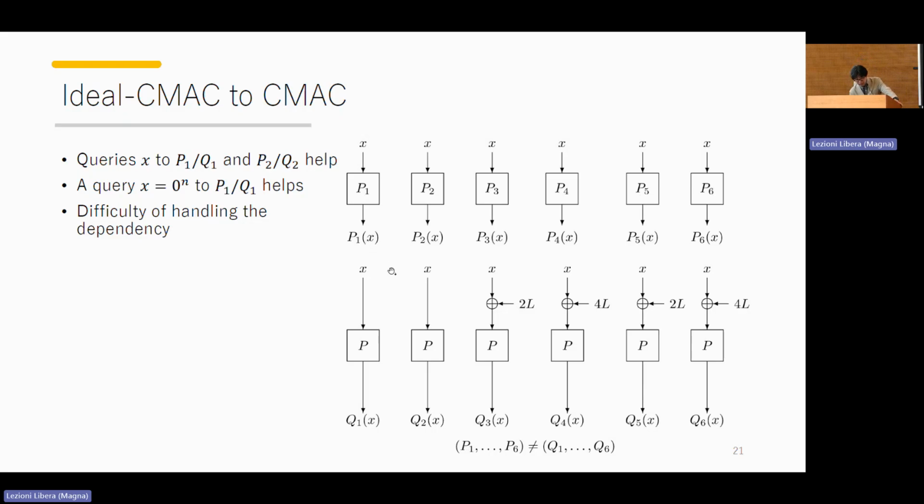Because apparently, if we make the same query X to the first and the second oracle, then these two will return the same output, but these two will return independent random strings. Or the query of a 0-bit string to the first one will give us L, which is used in the mask for these ones. So this is the difficulty of handling the dependency.